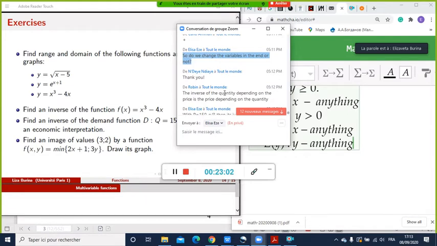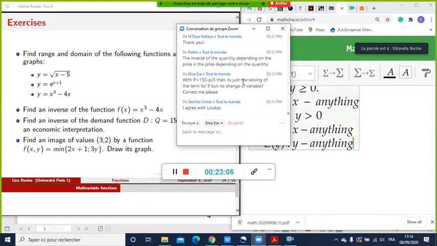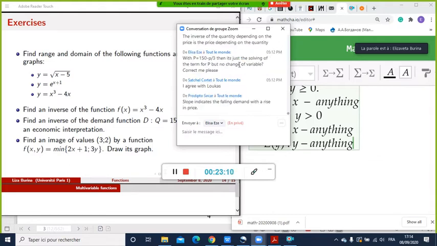Okay, the inverse of the quantity depending on the price is the price depending on the quantity. Yeah, that's precisely the thing. I didn't get the question very well. With p equals blah blah blah, then it's just the solving of the term for p, but no change of variable.